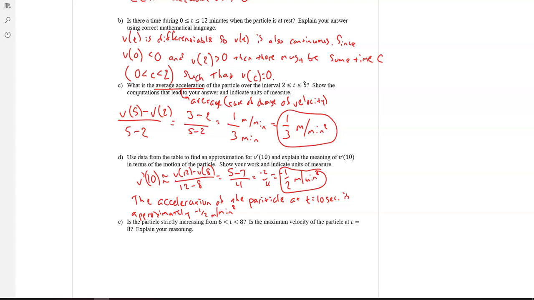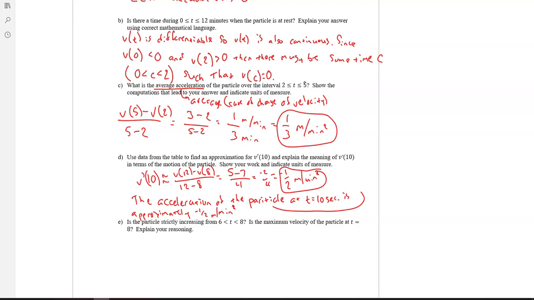Now that I'm reading that question, though, it does say, explain the meaning of v prime of 10 in terms of the motion of the particle. So I'm not so sure if they want us to describe the v prime approximate or if they want us to describe v prime exact. I feel like maybe we're supposed to describe just v prime of 10. So this is the meaning of the approximation.